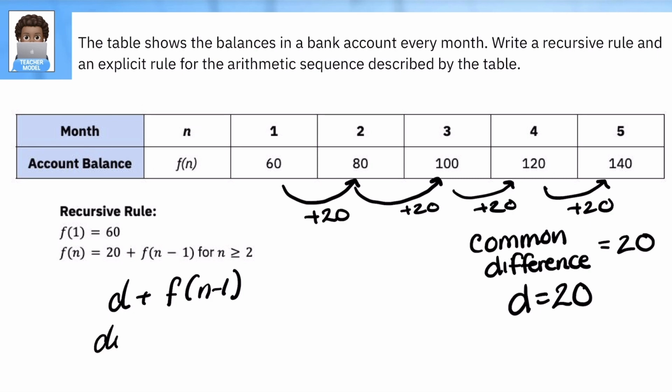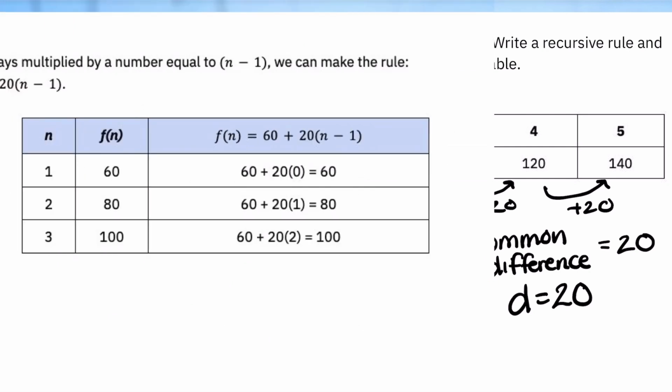All right, so the difference plus the previous term. It's the same thinking that we've been doing. I'm just changing the language a little bit and making it a little bit more sophisticated. I'm just using math terminology, but it's the same as previous term plus that change, that new rule. So hit pause and jot this down into your notes.